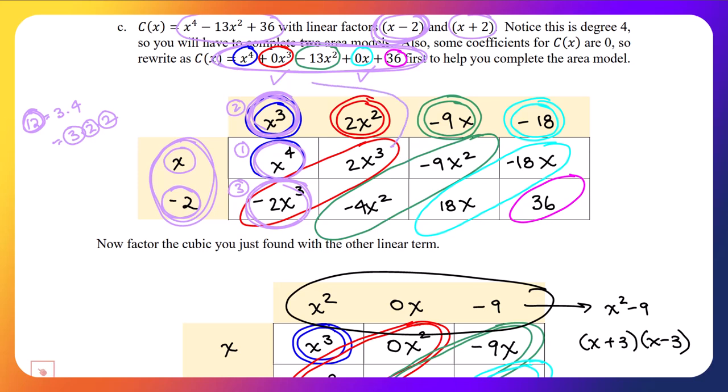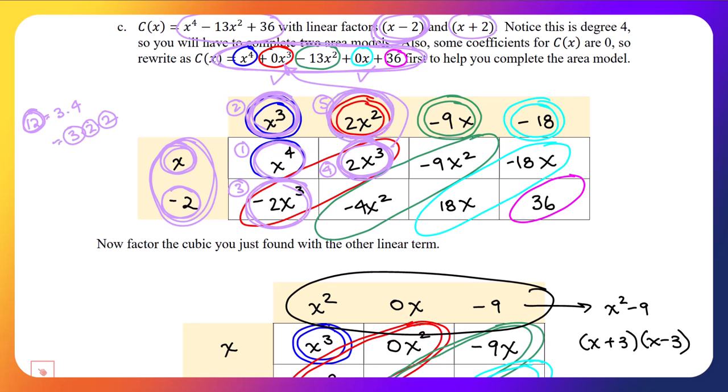And then this red bubble has to make 0, so that negative 2x to the third, I need a positive 2x to the third here. That's the fourth thing I need. To make that 2x to the third, there's an x here, so this has to be 2x to the second, the fifth thing I fill in.